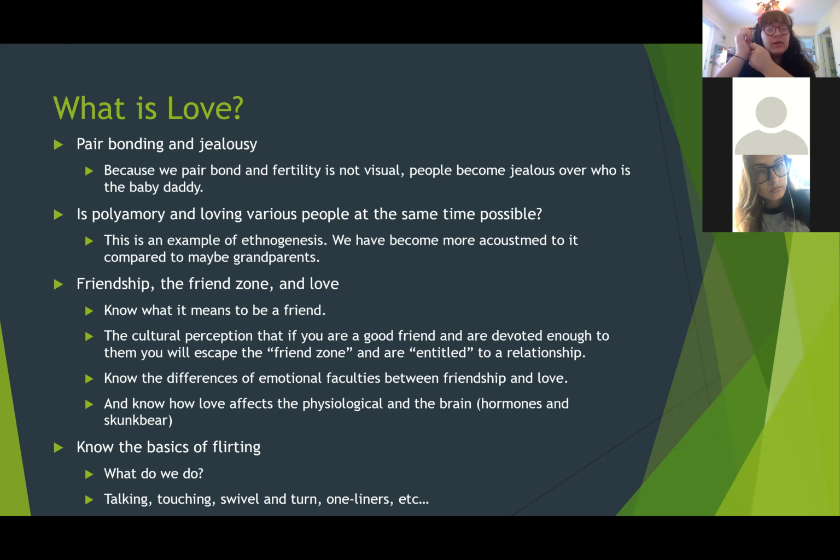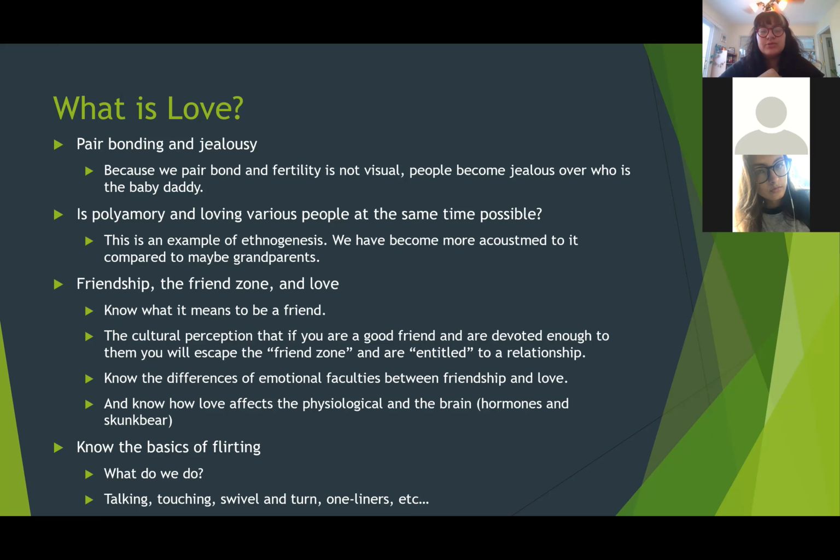But since in humans fertility is not visual, people tend to become jealous. You can see it throughout males, how they become jealous, because there's this working theory that if you don't know if the child is yours, you're not going to care for it as much as if you know it's yours. So jealousy and fertility and pair bonding.